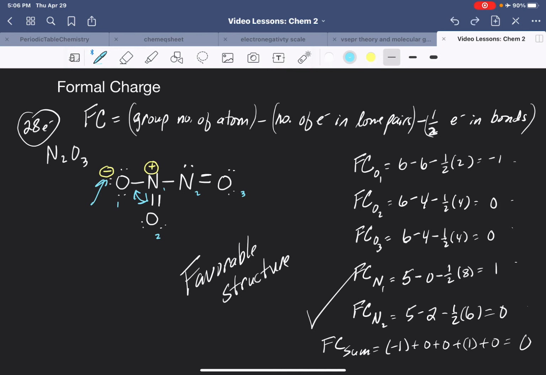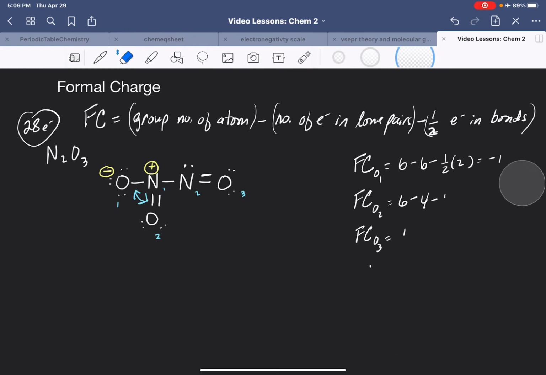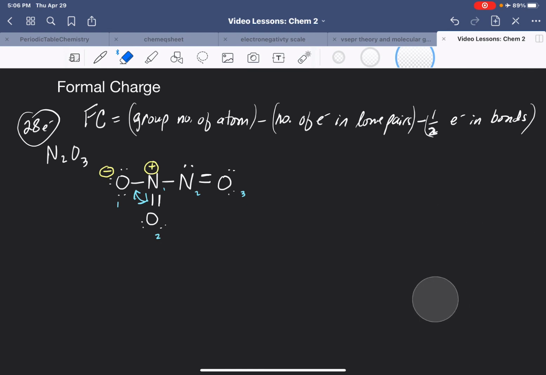All right. So to wrap this up, what I want to do is show you another way of looking at some struggles that I know I've seen in the past, where people can build a structure, and it follows the octet rule.